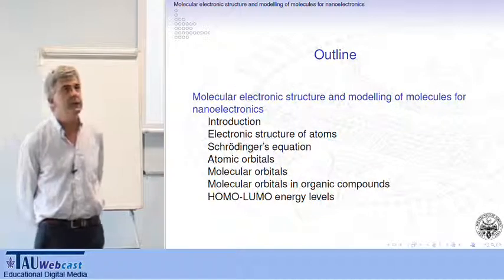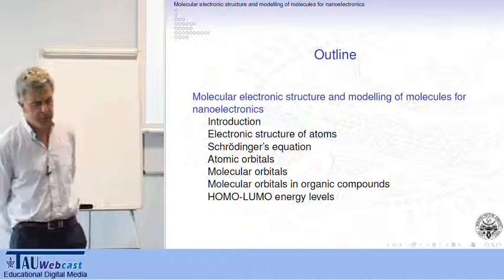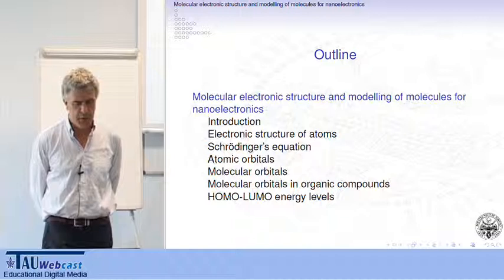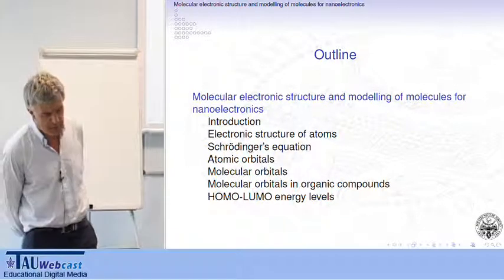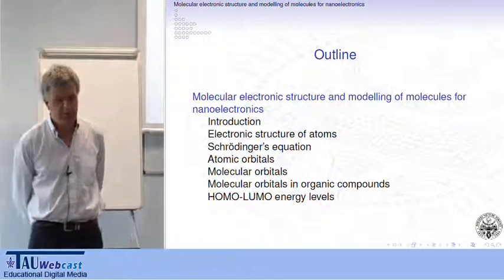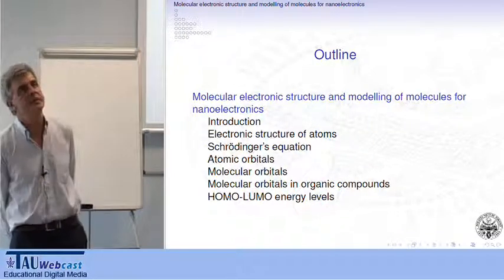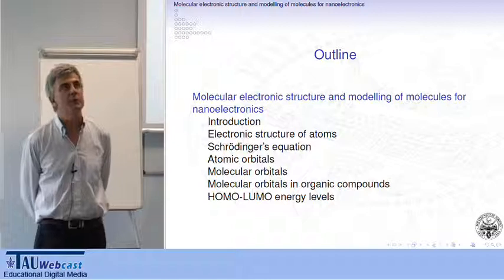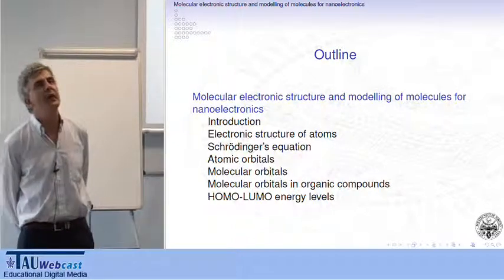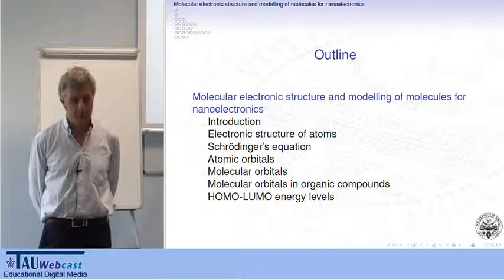So this class is organized on a brief introduction. After that we will discuss the electronic structure of atoms. After that we will try to reconsider some basic aspects of the wave equation, the Schrödinger equation, to find the atomic orbitals.